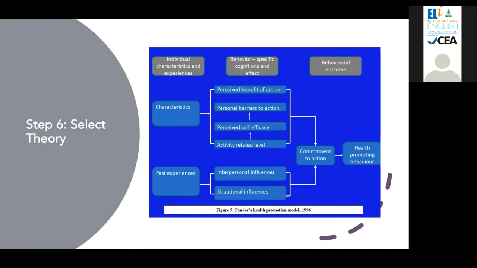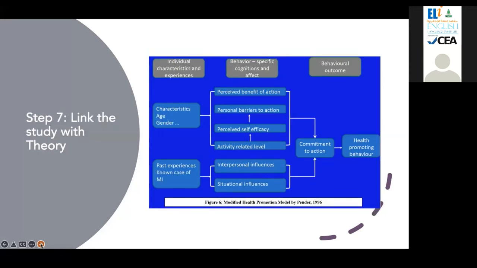So, for example, does the patient have a past history or a family history in relation to that disease? And then the outcome will be the commitment to action. So in this case, the commitment to manage your health and health promoting behavior. This is how the author here presented the theory of choice.